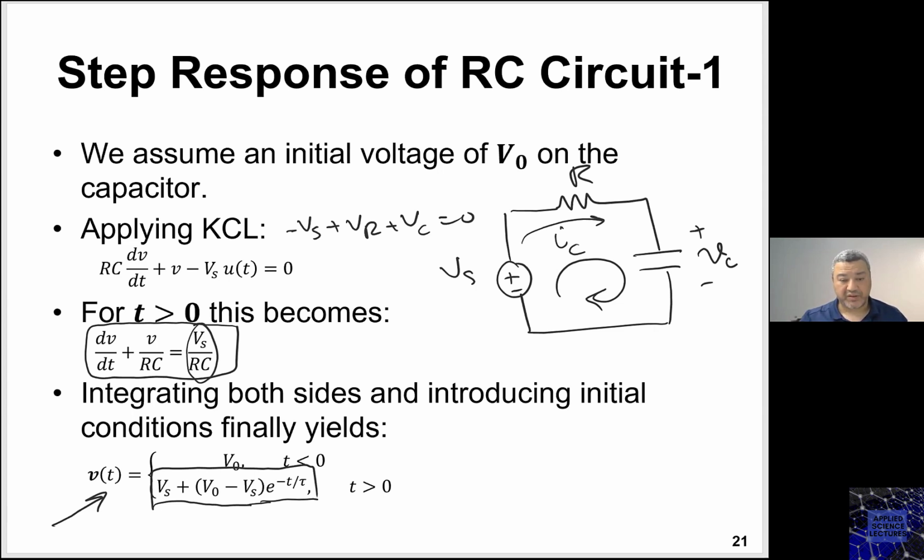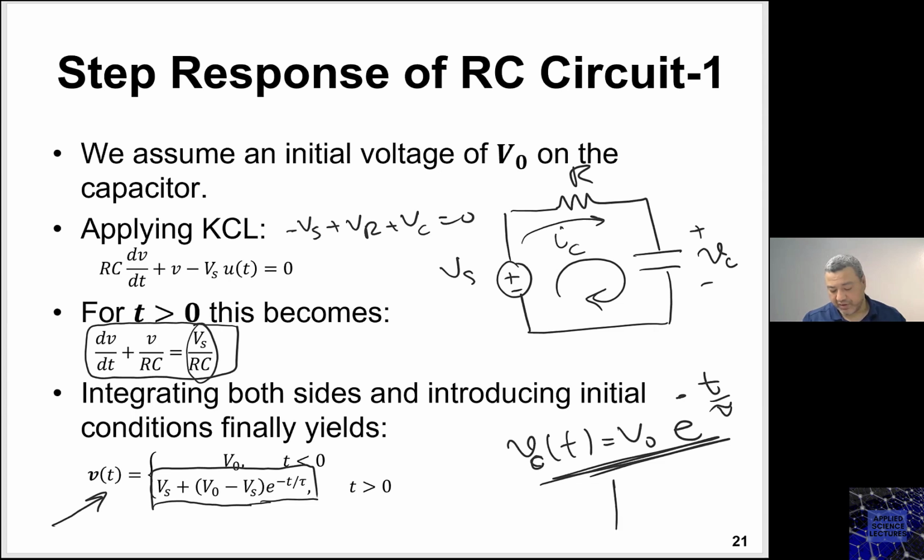So this is different from the natural response that you have seen. If you recall, the natural response was Vc(t) equals V naught e to the power minus t over tau. This is for a capacitor that is being discharged, right? It has a natural response, and this response was exponential.